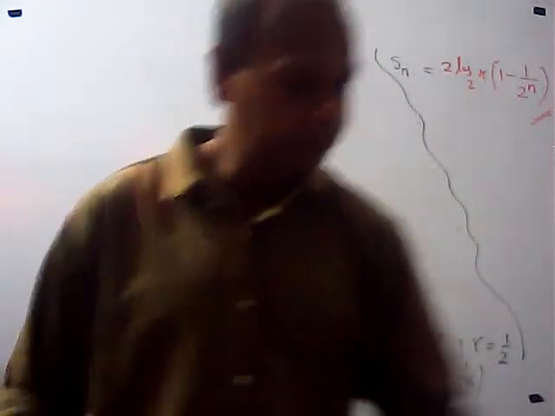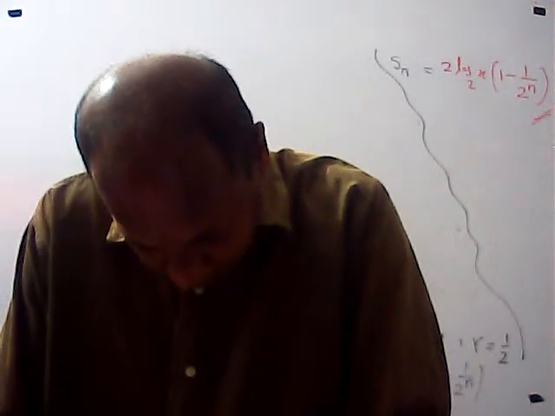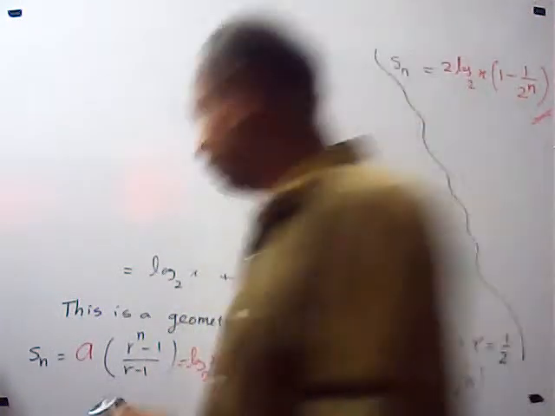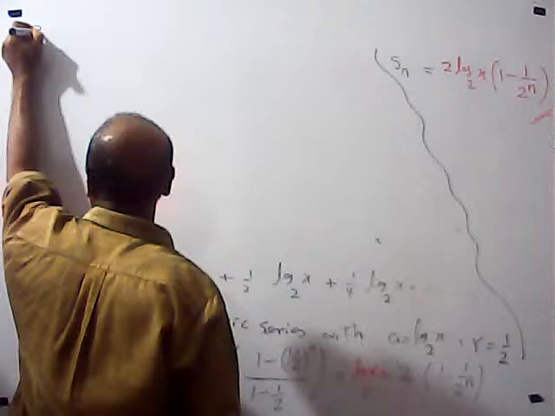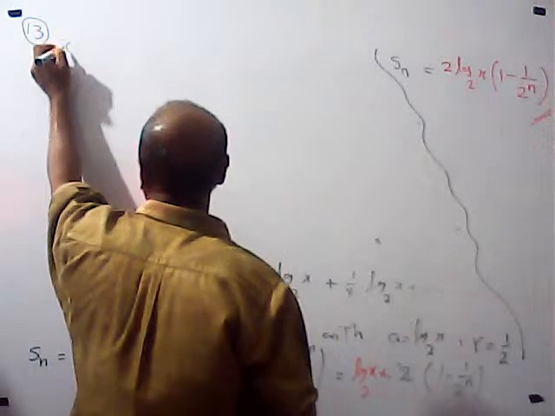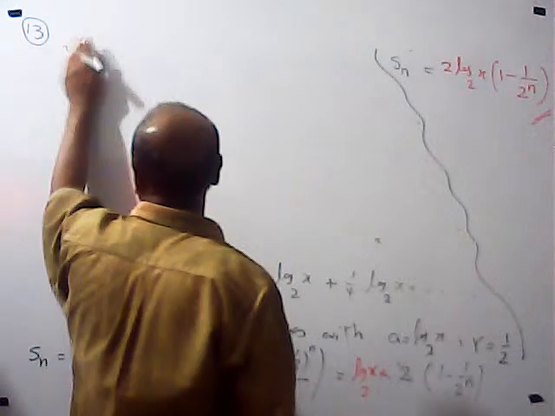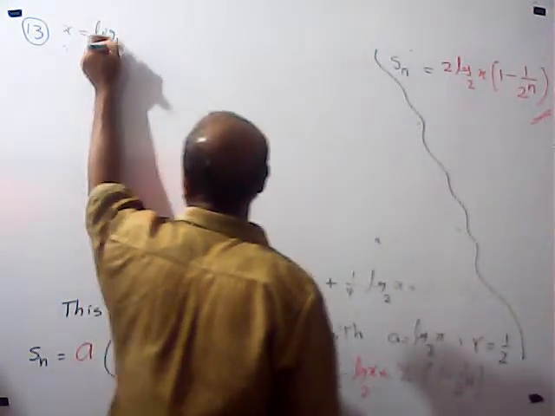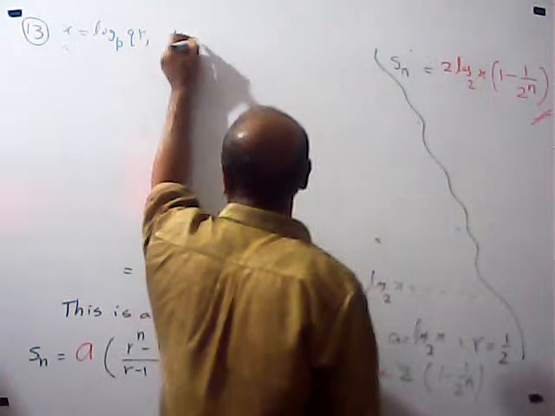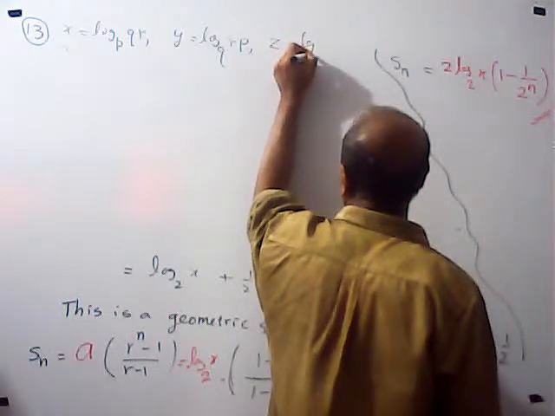The next question you are given: x equals this, y equals this, z equals this. x equals log base p of qr, y equals log base q of rp, z equals log base r of pq.